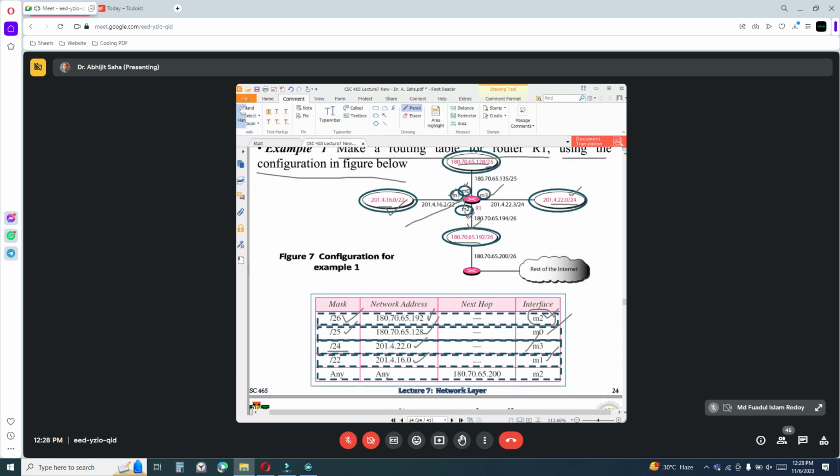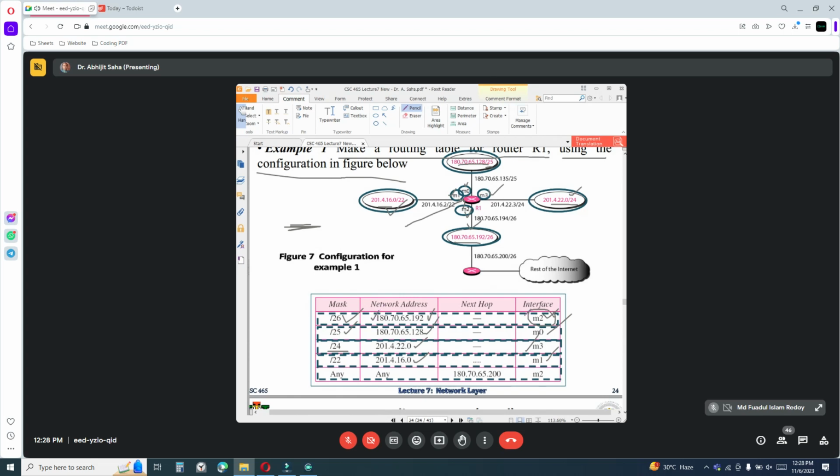Now a packet has reached R1. After finding the network address from the destination address of the packet, the mask 26 of the routing table is applied, and it is checked whether the network address is matching or not.